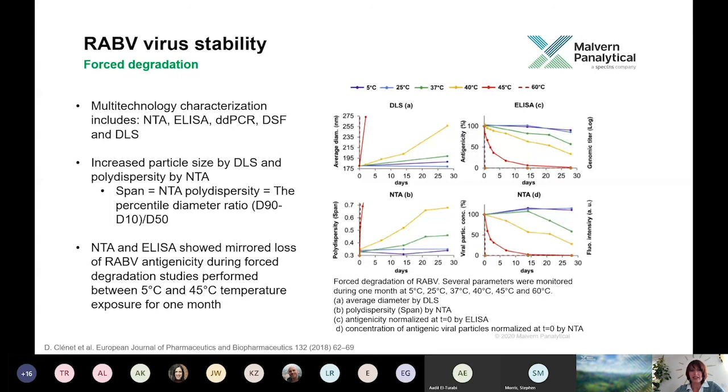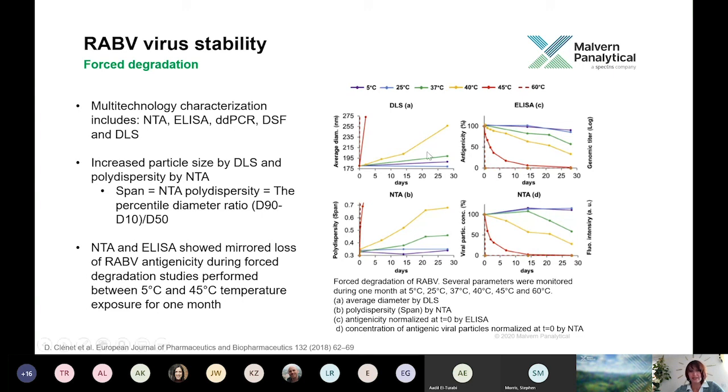As you can see, the forced degradation induced significant changes in physical properties of viral particles. That can be seen in increased average particle hydrodynamic diameter with increased temperature that was observed by DLS. That really confirms the presence of larger aggregates. The percentile diameter ratio, the so-called span, was used to express the polydispersity of particle size distribution by NTA.